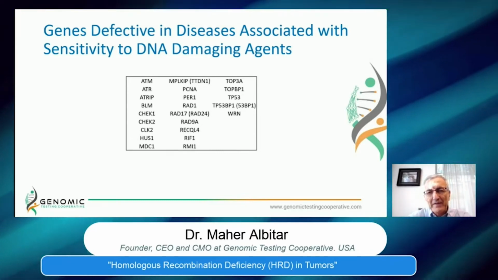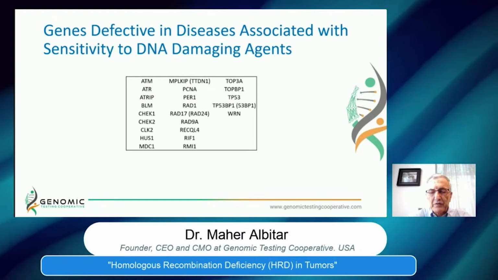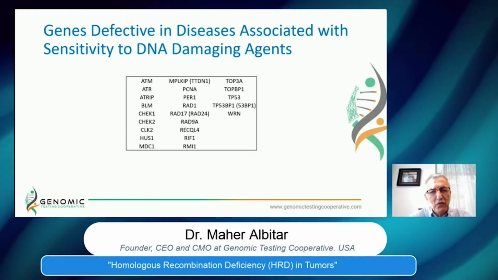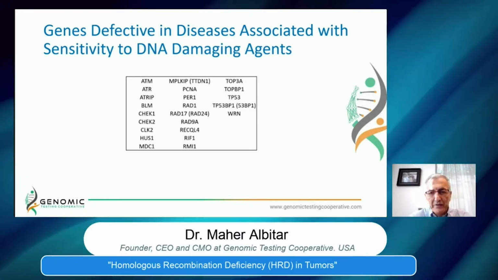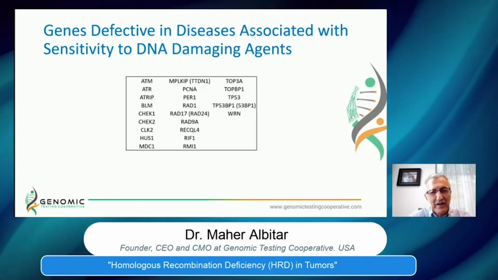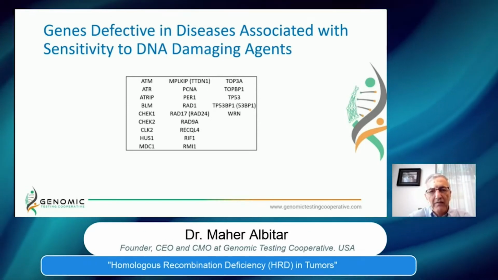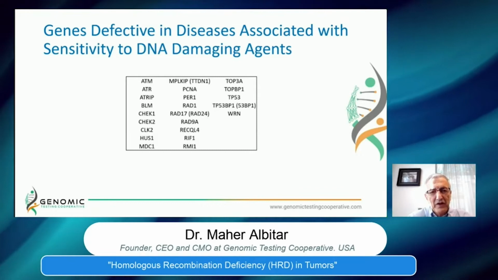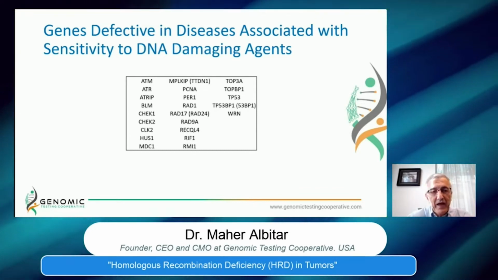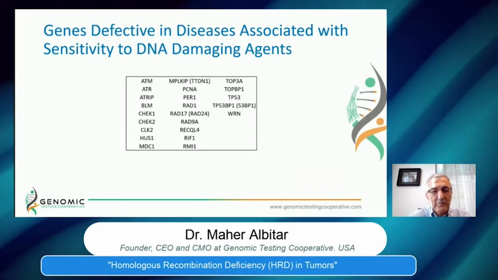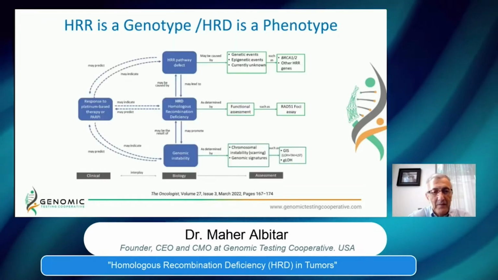So practically, the bottom line: looking for mutation alone is good, but not necessarily sufficient for determining if the patient or the tumor has homologous recombination deficiency or not.